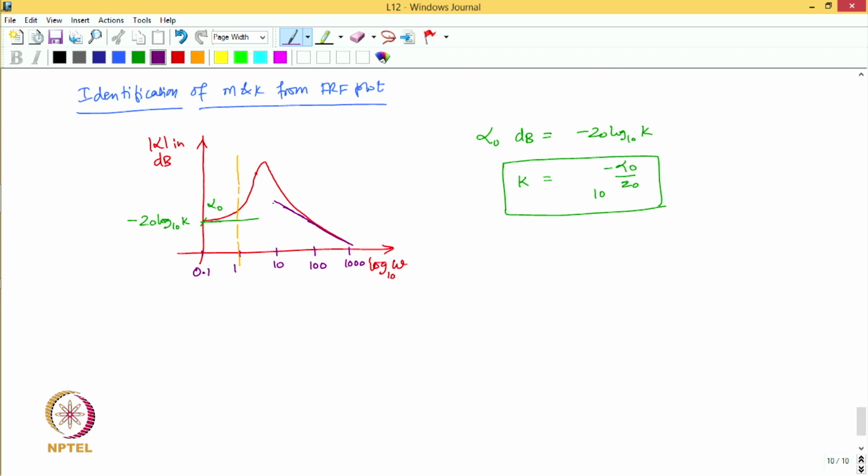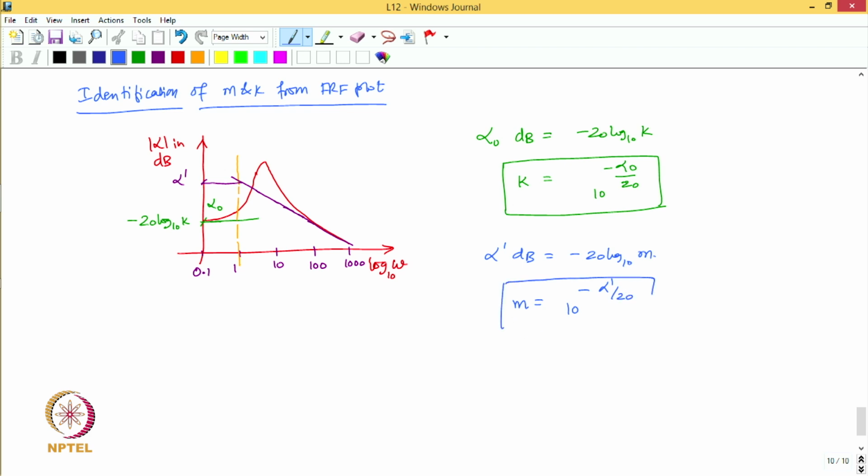So, if I extend it, let us say this value is alpha dash. Then I can say that alpha dash dB is equal to minus 20 log 10 m, and therefore m would be simply equal to 10 to the power minus alpha dash by 20.